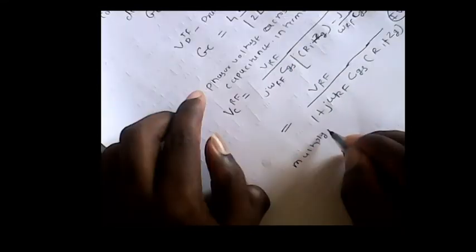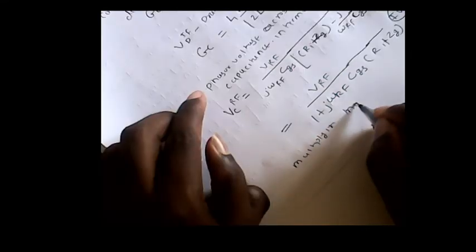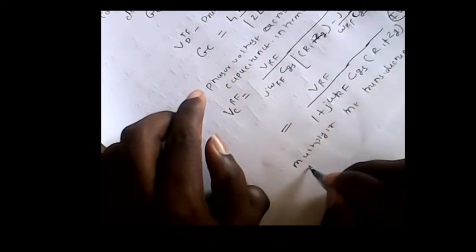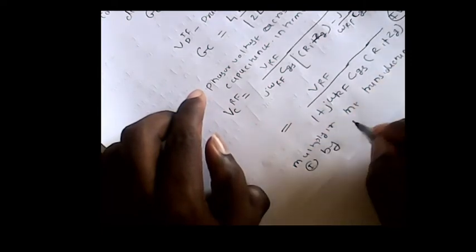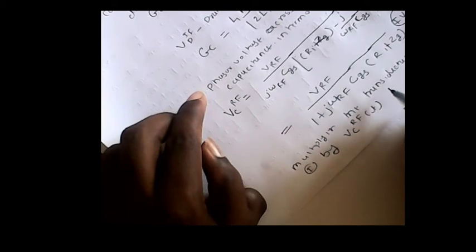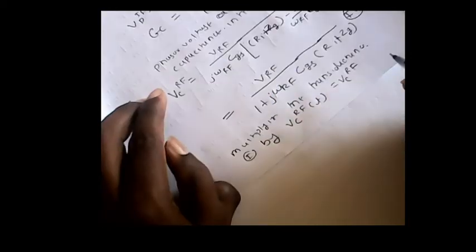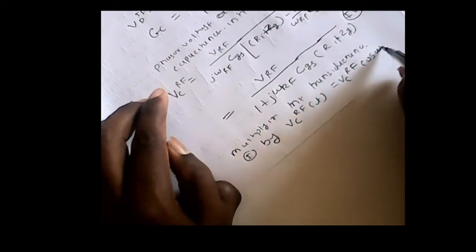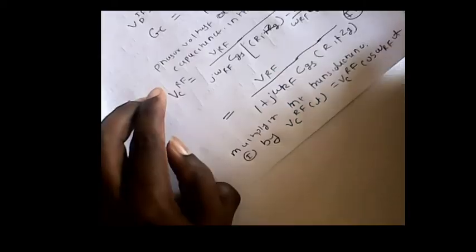by the transconductance, the instantaneous value of gm(t) is equal to Vc Rf cos omega Rf into t, and gives the formula.